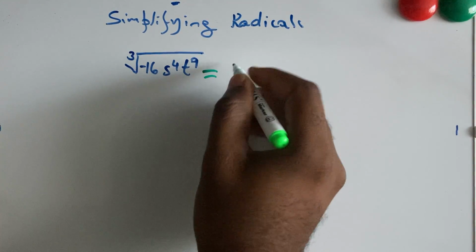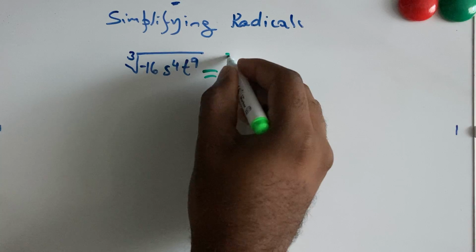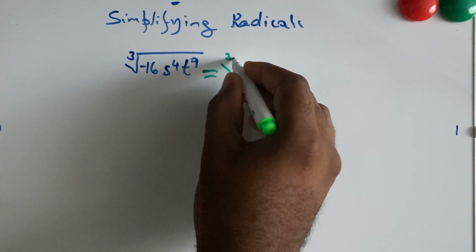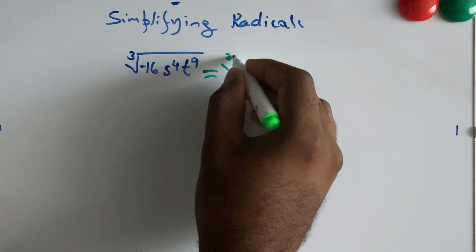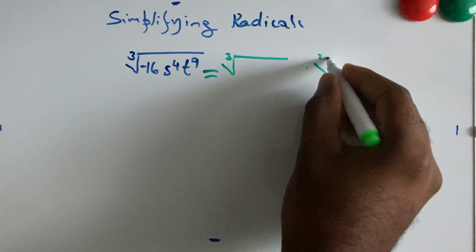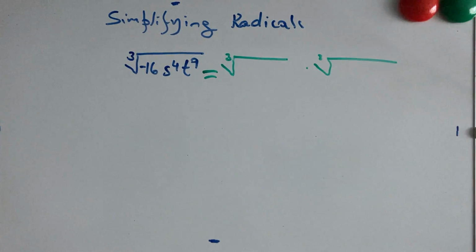We have here, and I'm going to try to split it so it could make more sense to everybody. I'm going to put another cube root here with the things I cannot find, right? So for example, for 16, there's no number that cubed could give you 16, right?